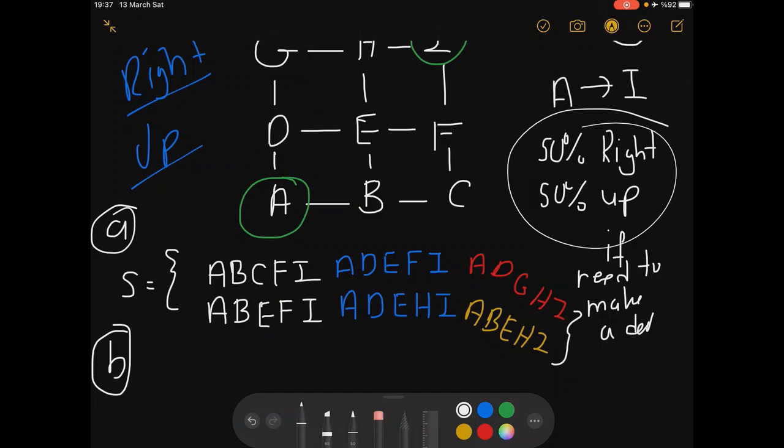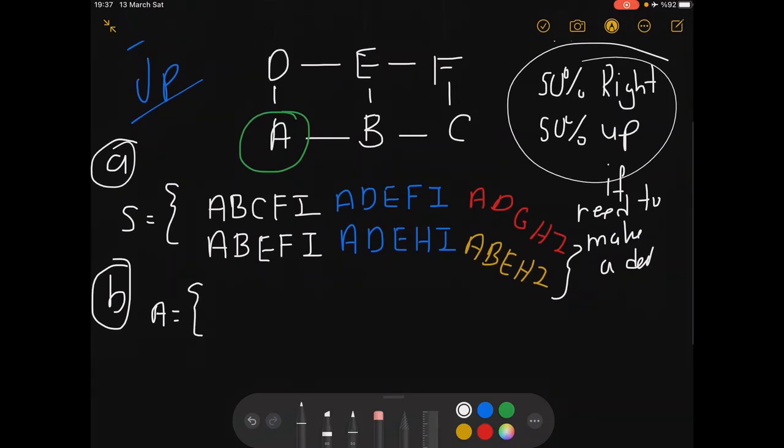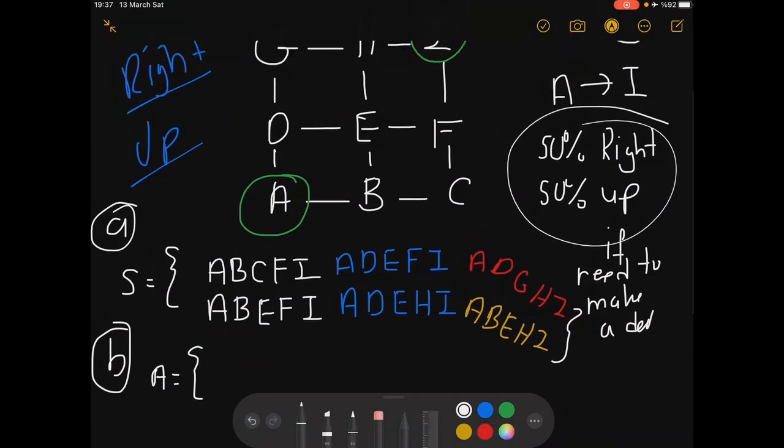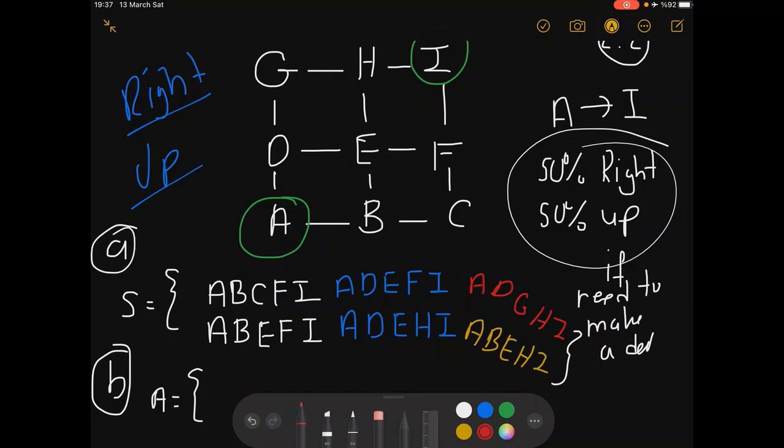Let's take a look at this subset, for example. You can directly look it up from the sample space. What are my decision points here? Let's mark them: A, B, no, F is not included here because you need to go up. E, D, that's it. Otherwise, they're not included.